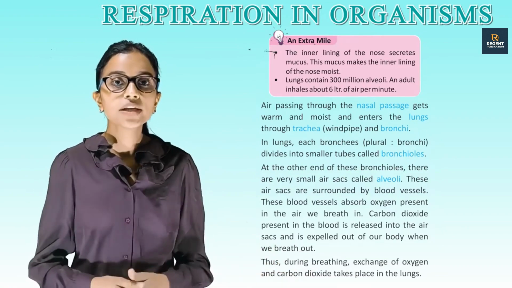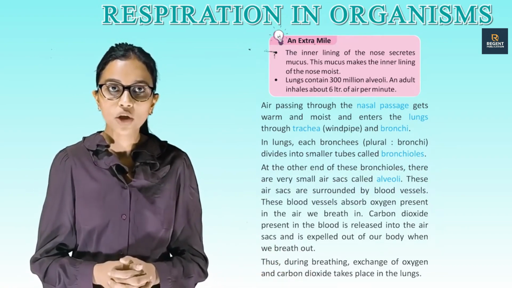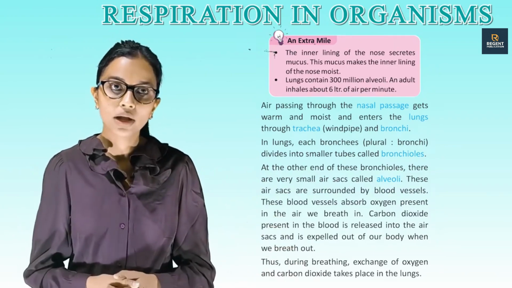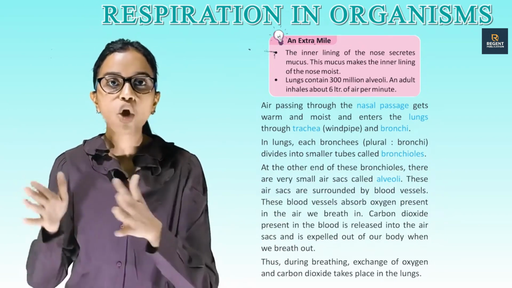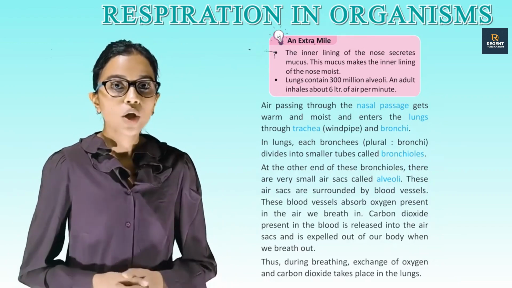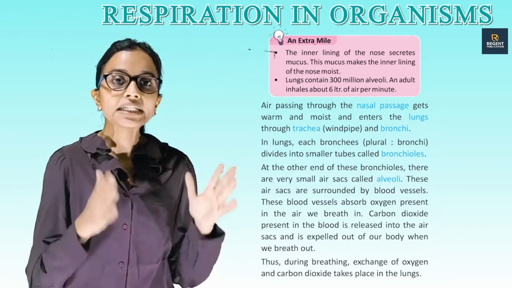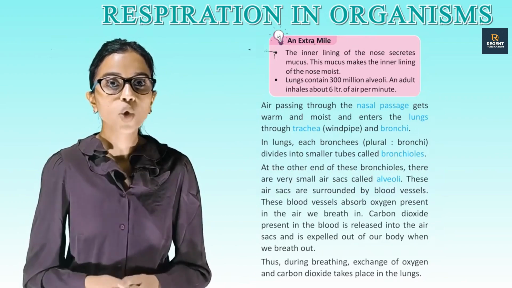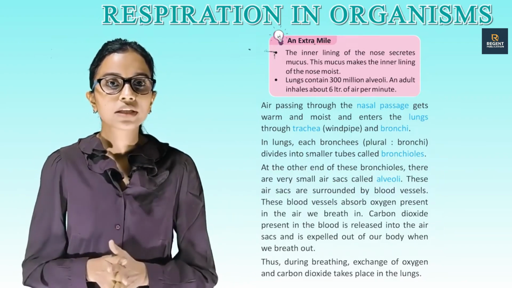Air passing through the nasal passage gets warm and moist and enters the lungs through the trachea, windpipe, and bronchi. In the lungs, each bronchus, plural bronchi, divides into smaller tubes called bronchioles. At the other end of these bronchioles, there are very small air sacs called alveoli.